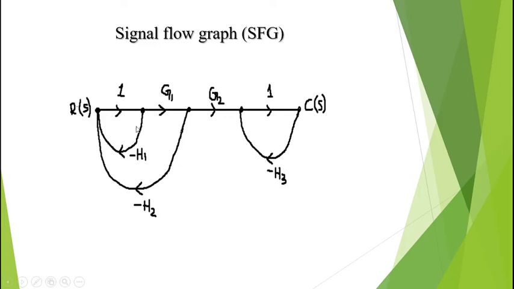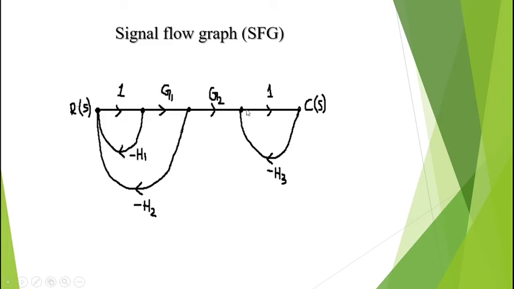The non-touching loop gains we can calculate by multiplying the loop gains of the individual loops. That is, we can represent this two non-touching loop gain as L1 into L3, because we are using this loop as L1 and this loop as L3. So L1 and L3 are equal to minus h1 and minus h3.